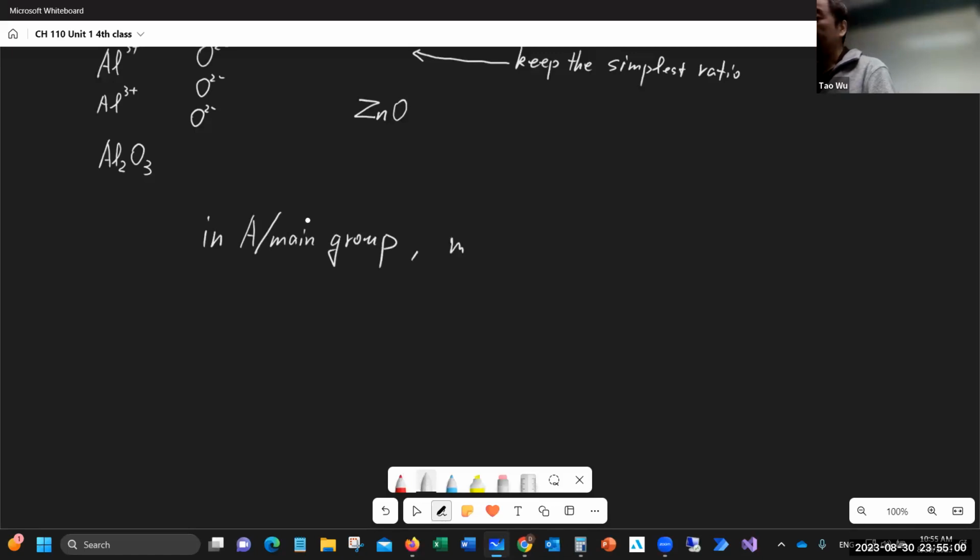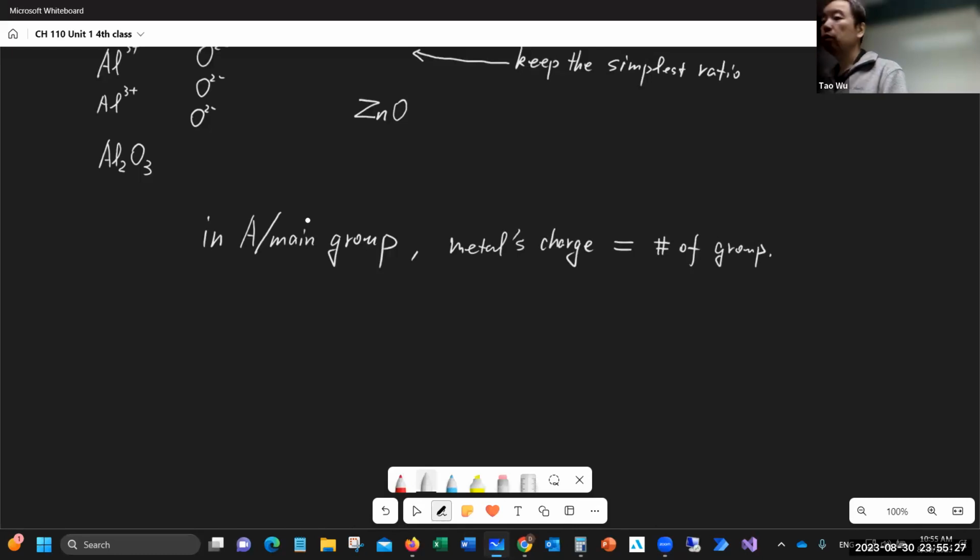Metal usually is a cation, right? Has a positive charge. Metal's charge is equal to the number of group.